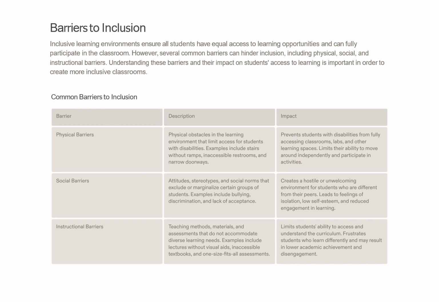Social barriers, on the other hand, stem from attitudes, stereotypes, and social norms that exclude or marginalize certain student groups. Bullying, discrimination, or lack of acceptance create an unwelcoming environment, fostering feelings of isolation and diminished student engagement in learning.